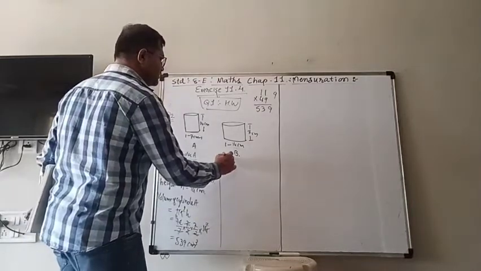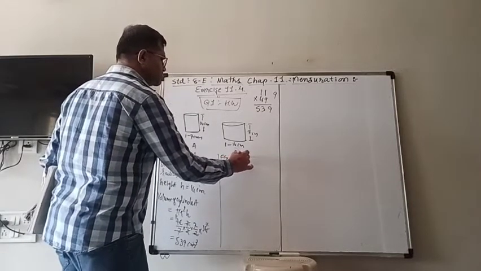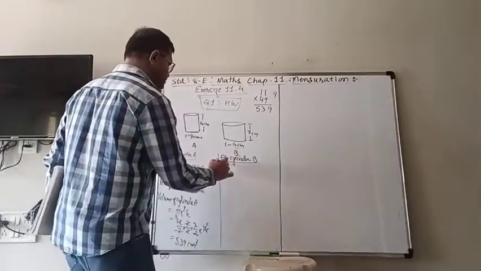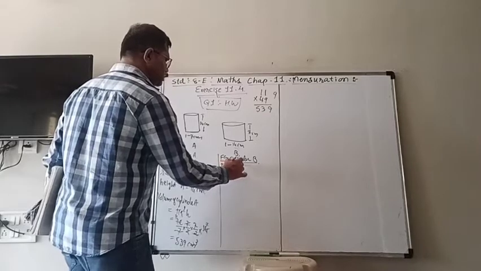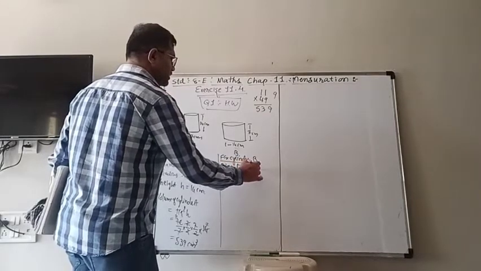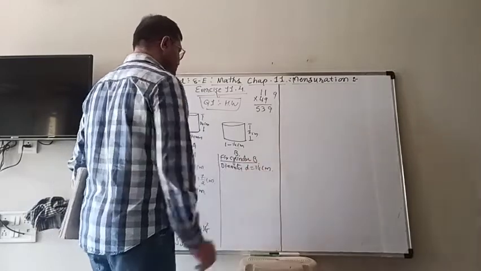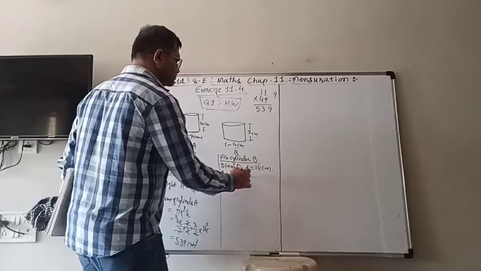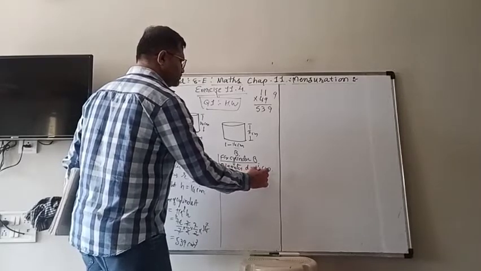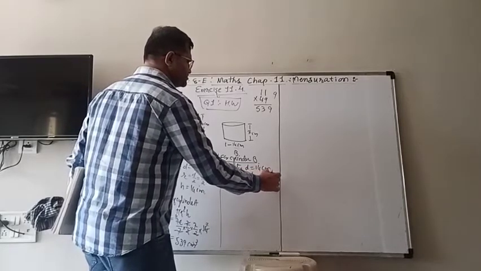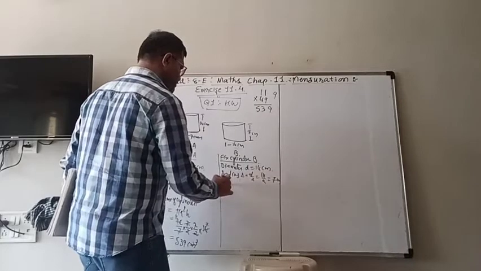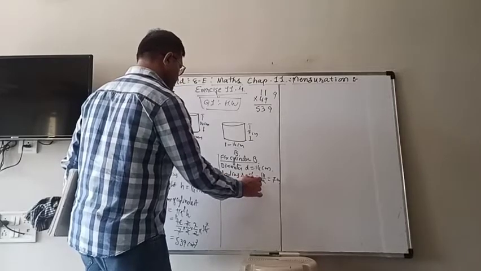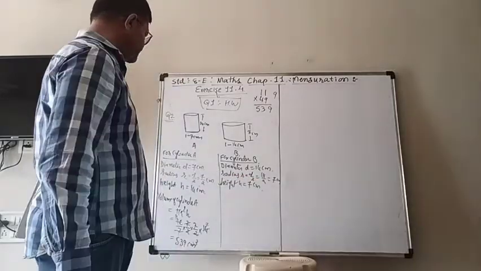Now similarly, for cylinder B also we will find the same thing. For cylinder B, diameter D here is 14 centimeter, and radius will be half, D upon 2, 14 upon 2, that is 7 centimeter, and height is also 7 centimeter.